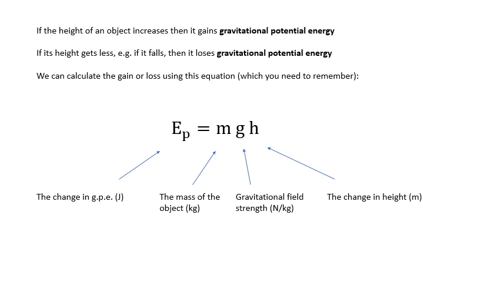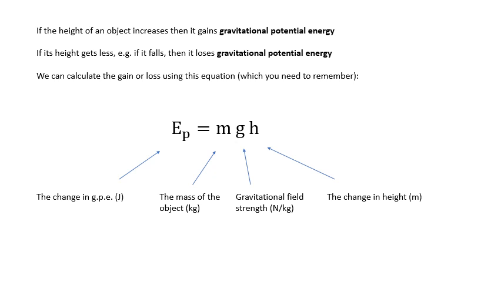And to do that, we use this equation, which is Ep, the gravitational potential energy in joules, equals mgh. m is the mass in kilograms. Little g is the strength of the gravitational field. Gravitational field strength, if you're on Earth, then it'll be 10 newtons per kilogram.